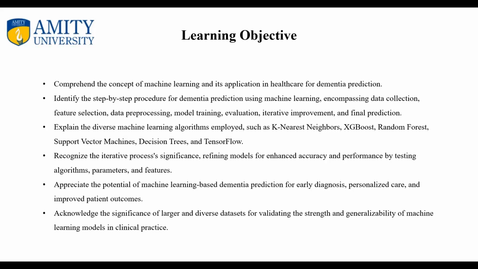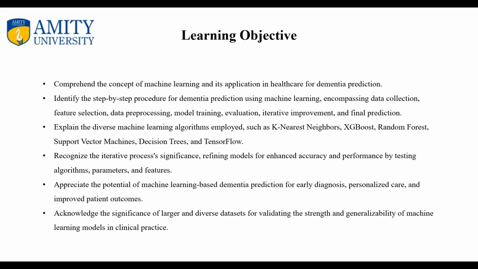Recognizing iterative improvement, optimize model accuracy by testing algorithms, feature selection, and parameters. Realize the potential of machine learning for early diagnosis and personalized care. Acknowledging large data set importance in developing reliable machine learning models for clinical practice.